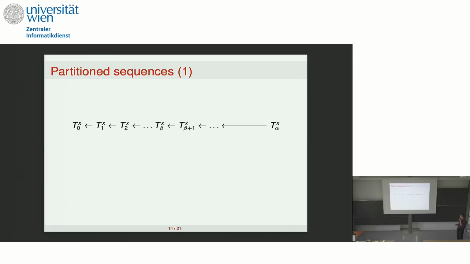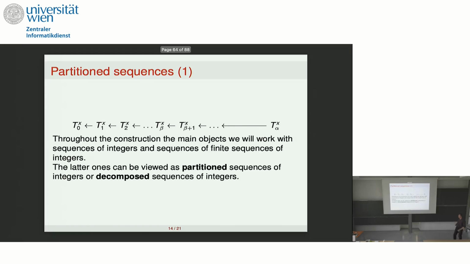I will describe them in a minute. Some part of the chain has already been constructed. This is this starting point, and then we copy some branches of this tree to other trees according to some rule, and also we will modify them.